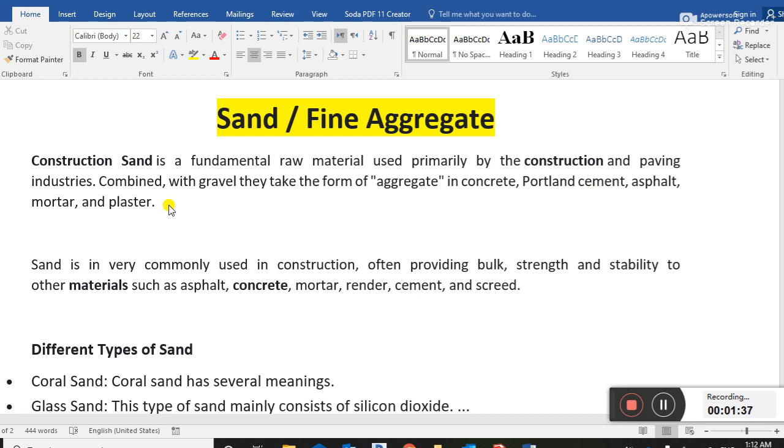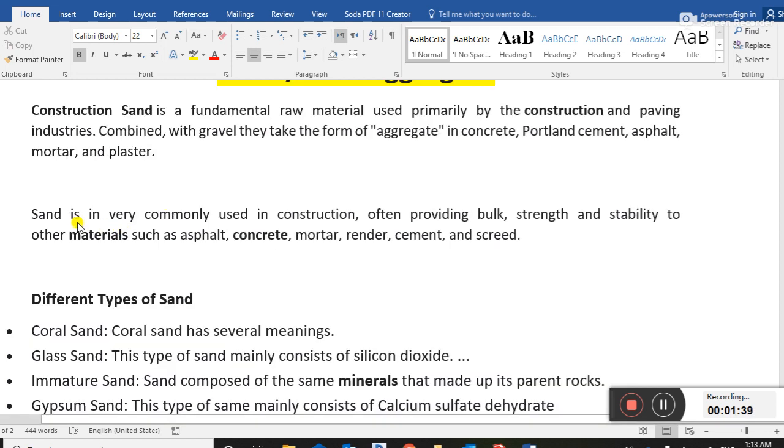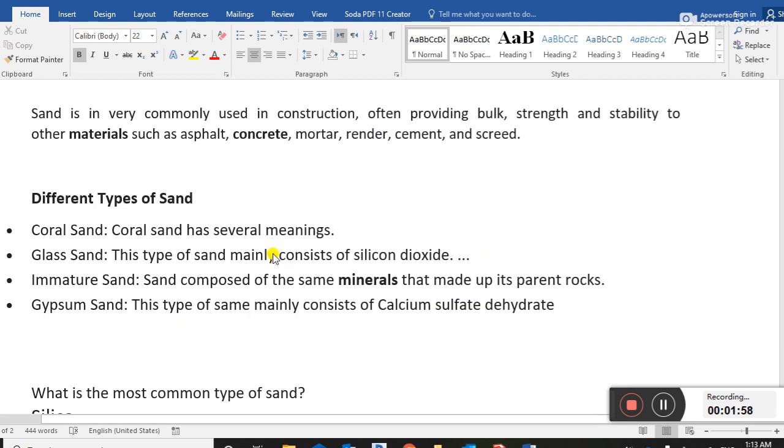Guys, this is the usage. Sand is very commonly used in construction, often providing bulk, strength and stability to other materials such as asphalt, concrete, mortar, render, cement and screed.